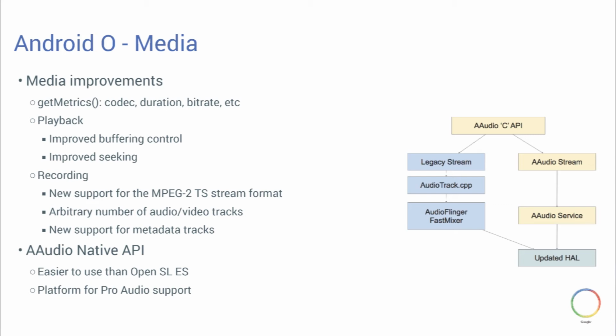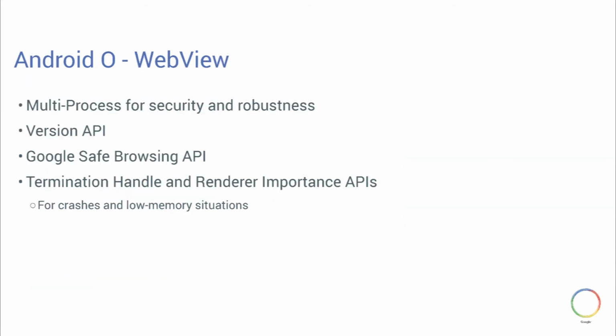We added some new enhancements in WebView this time also. From O onward, WebView is now running in a separate process. That means when the WebView crashes, it will no longer crash your application. We also add a new version API so that you can query which version of WebView the user is using.